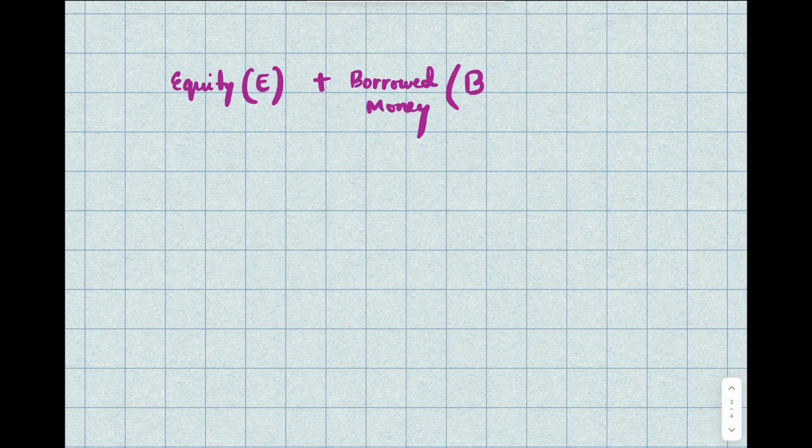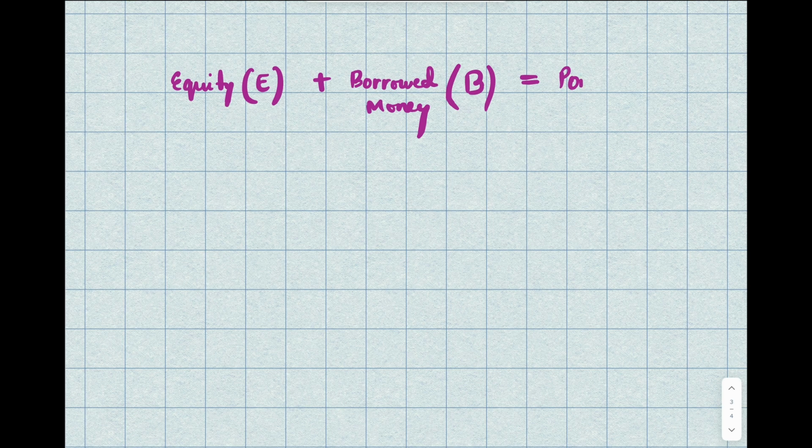So basically, you put in your own money. In this case, I'm going to write it as equity, E. Okay, plus, since we are talking about leverage, you also borrowed money. Let's write it as B, or some people write it as debt, D. In this case, just for the sake of simplicity, I'm going to write B. And your own money plus the borrowed money makes your portfolio.